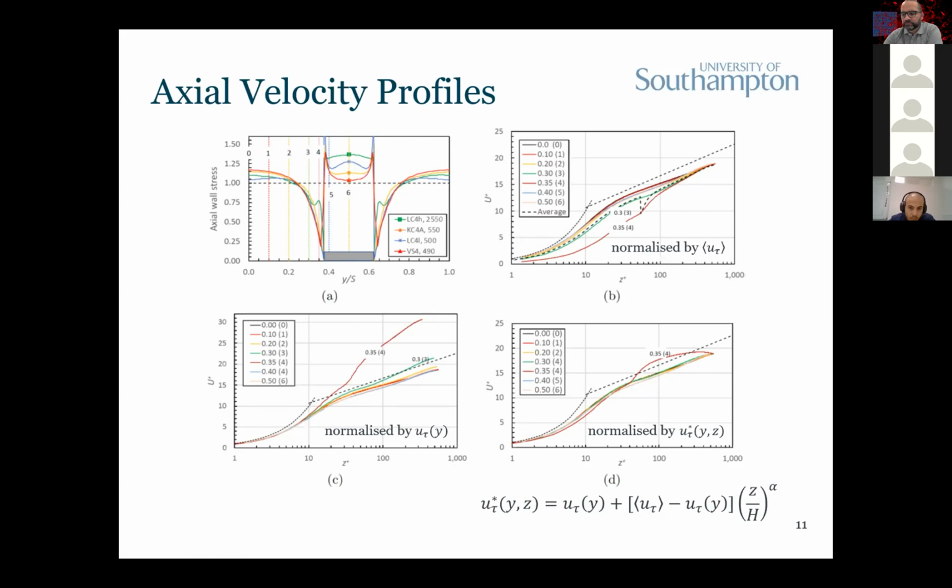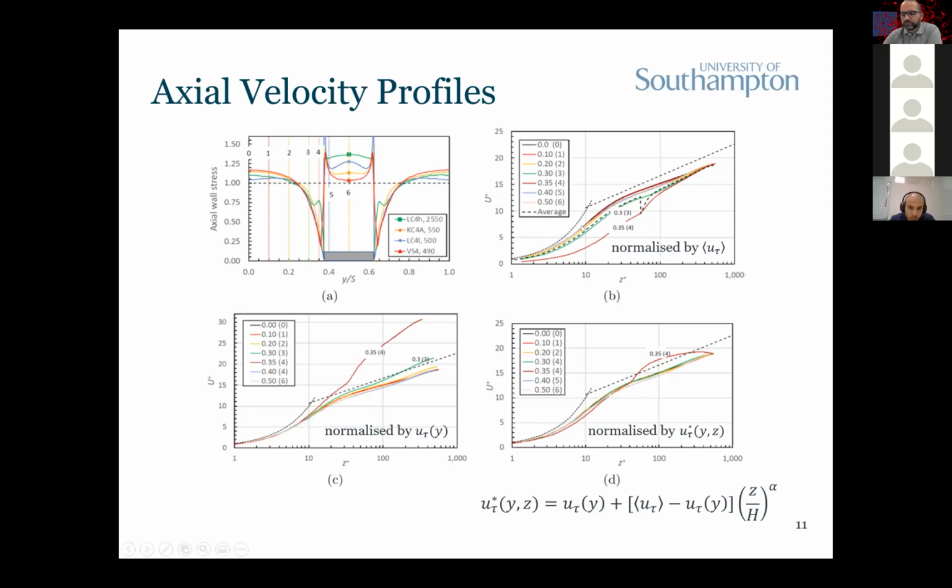So you can maybe think about some blending of this U tau value from the local to the global as you go from the wall to the top. So that is here. If I use that sort of blending approach, then the collapsing is generally much better across the entire domain.